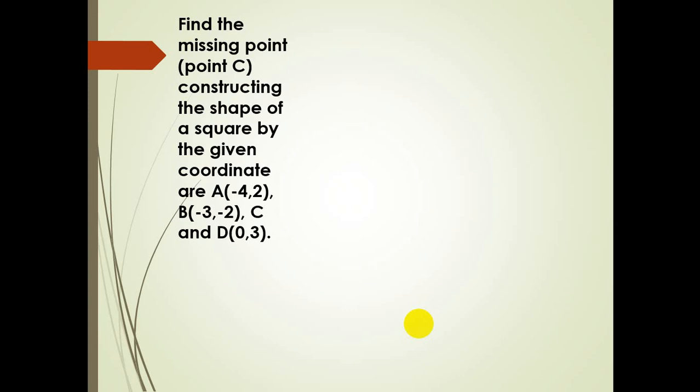How are we going to solve it? I think maybe some students will answer it by constructing the shape of the square using squared paper. If you bring your squared paper, you may sketch it, but don't forget to sketch the Cartesian plane first, with the horizontal line as the x-axis and the vertical line as the y-axis.